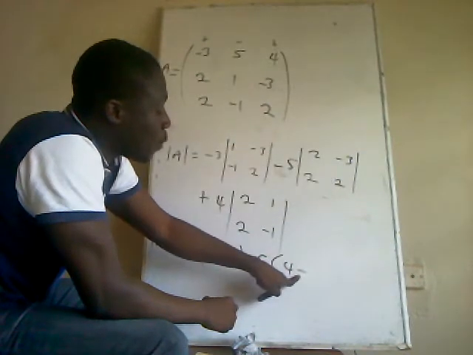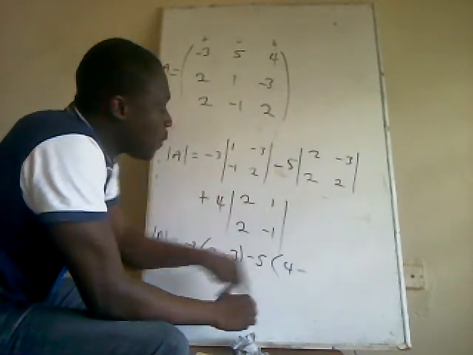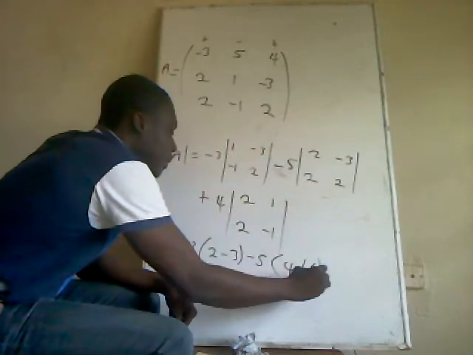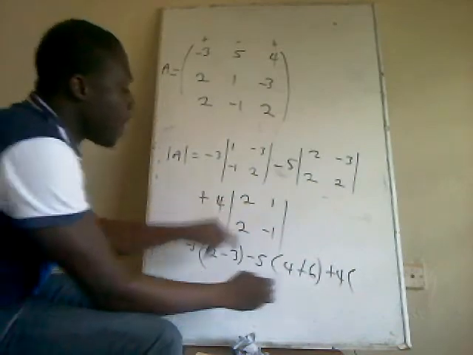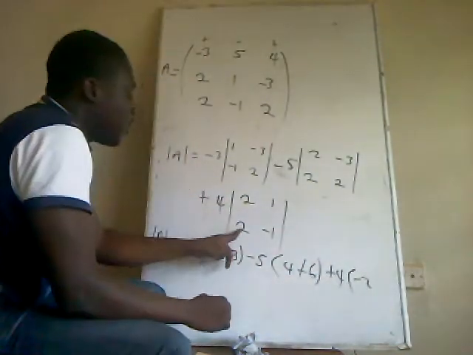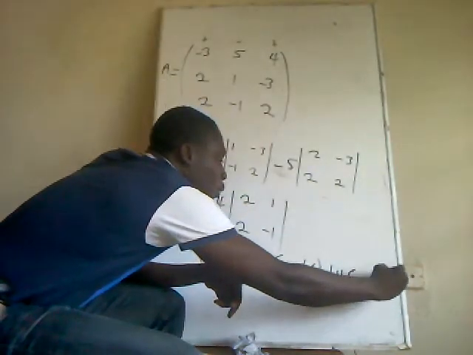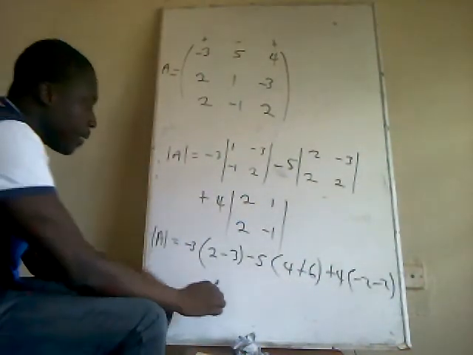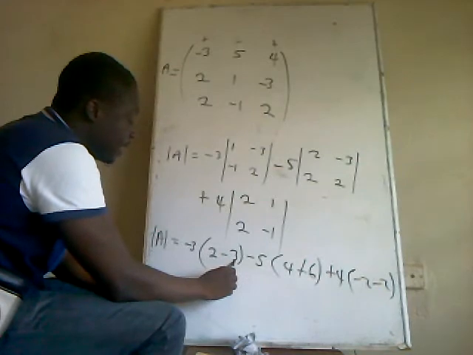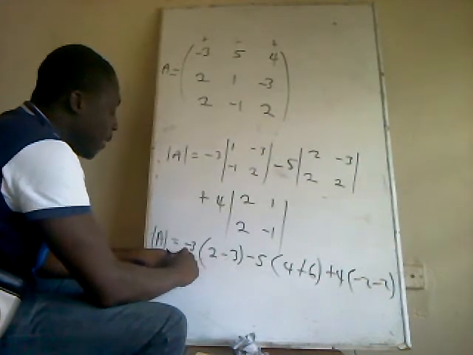So the minus will give me plus 6. Then plus 4 multiplying this and that is minus 2. This and that is 2, so minus 2. To finish this off again, 2 minus 3 is minus 1. Minus 1 times minus 3 is positive 3.